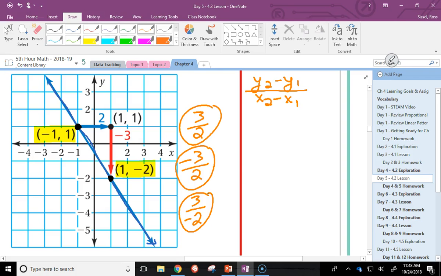What did you say? Which one is the same thing? The negative 3 over 2, and 3 over negative 2. Alright, good. I'll talk to you about this in just a second.